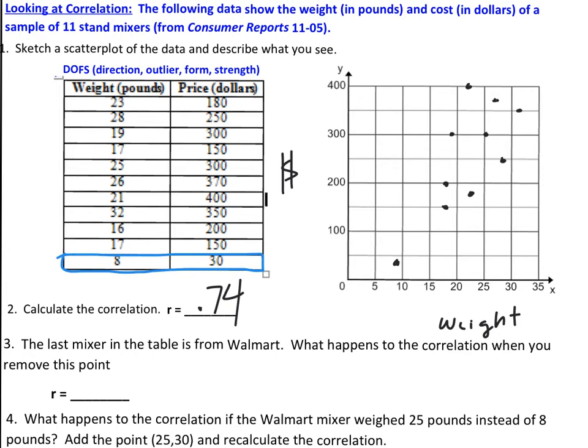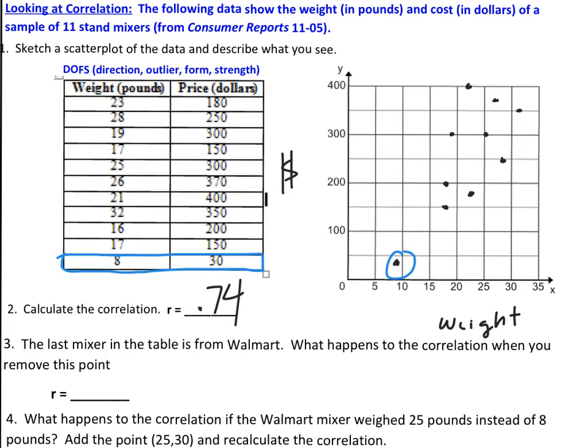We wouldn't call it an outlier because it still fits the association. It's way lighter, but it's also way cheaper. Right? For us to have an outlier on a scatter plot, we would need a blender that's really, really light and expensive or really heavy and cheap. Right? That it goes against the association we saw. So on our scatter plot, that point's here.